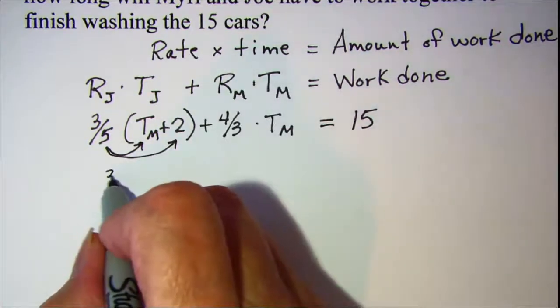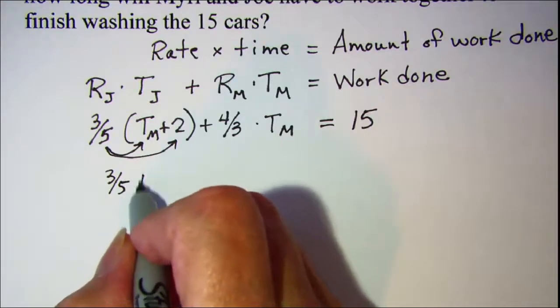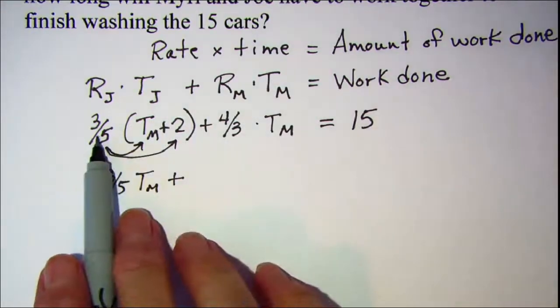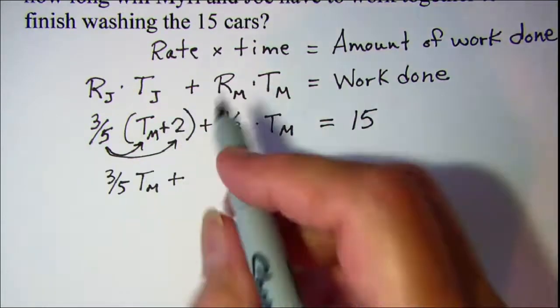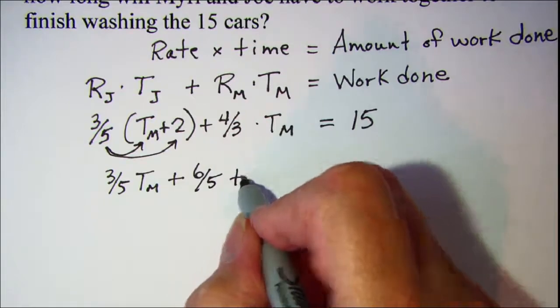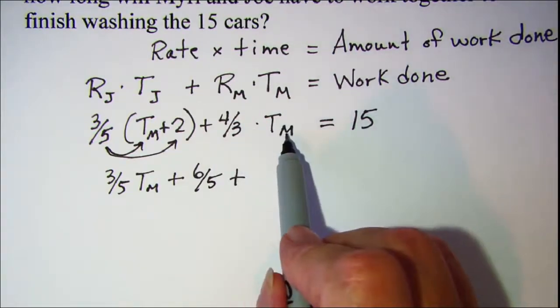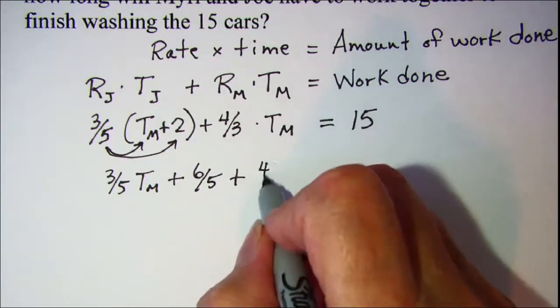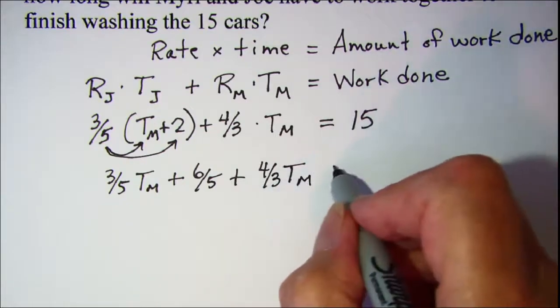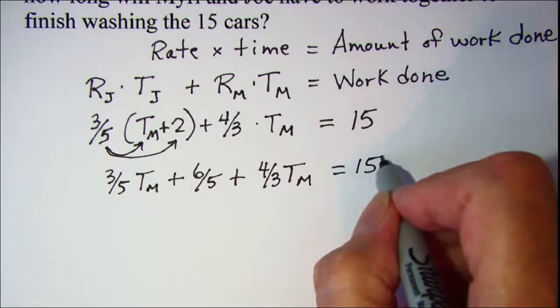So I have 3/5 times T sub m plus, and then 3/5 times 2 is 6/5, plus 4/3 times T sub m. I'll just write that as 4/3 T sub m, and that equals 15.